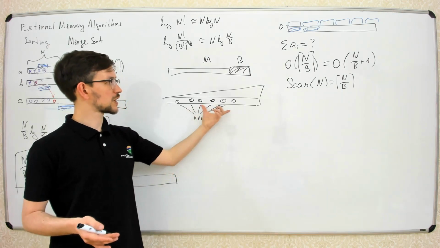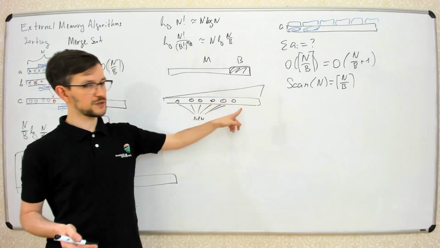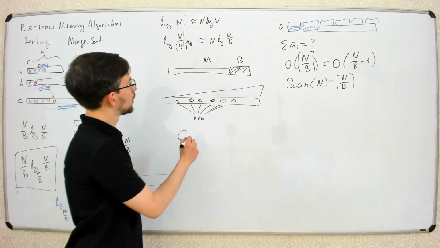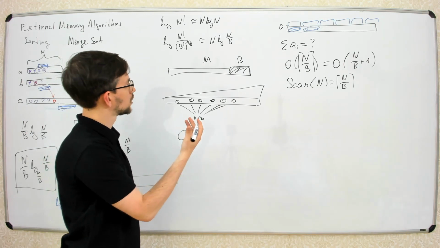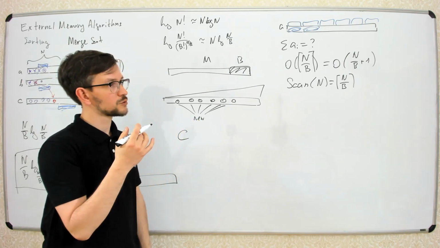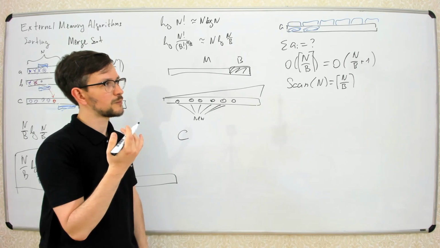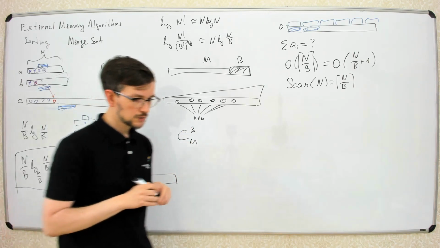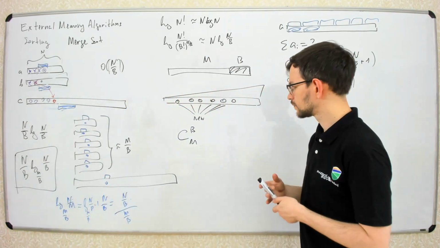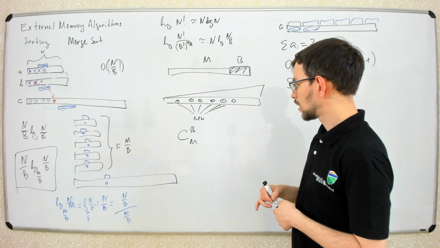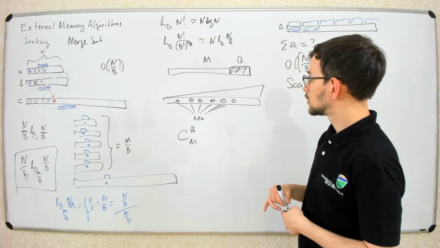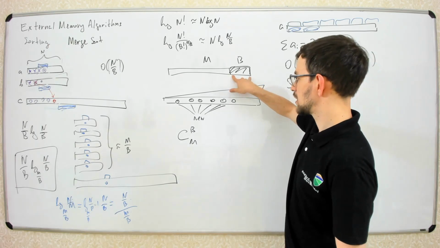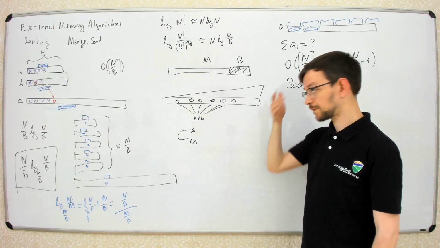How many positions can these b elements have inside these m elements? The total number of positions is just the number of, how is it called in English? I forgot. I'm not sure, but it's the binomial coefficient m choose b. It's the number of different ways to put these b elements in the sorted order of all these m elements.